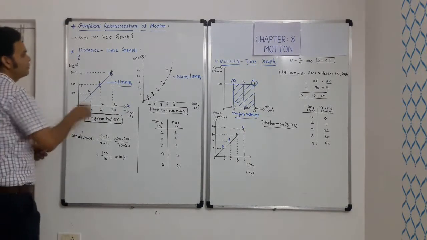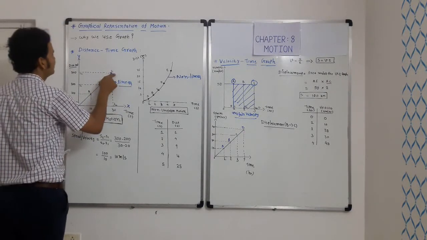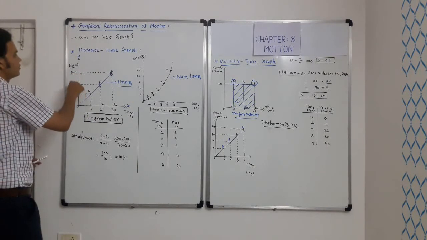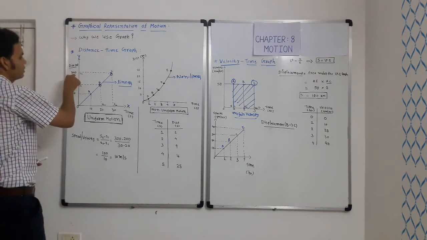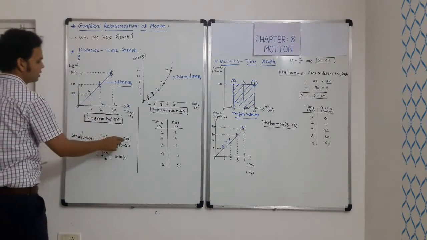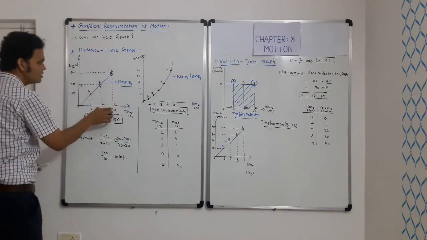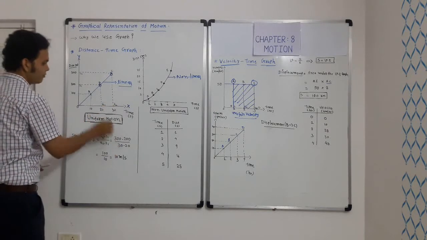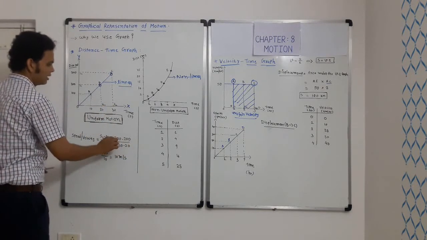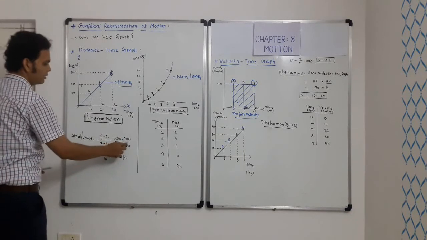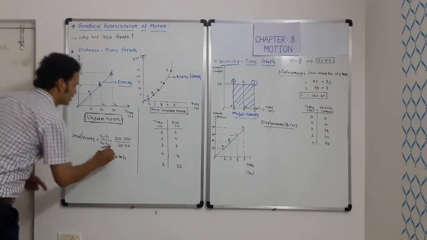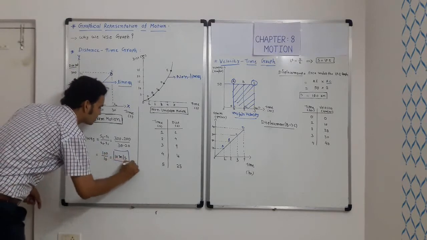So here let's say I am taking 2 points B and C. The change in y-axis is S2 minus S1, the displacement: 300 minus 200, and the corresponding change in x-axis, that is time, is 30 seconds minus 20 seconds. So 300 minus 200 is 100, 30 minus 20 is 10. So here the velocity which we are getting is 10 meter per second.